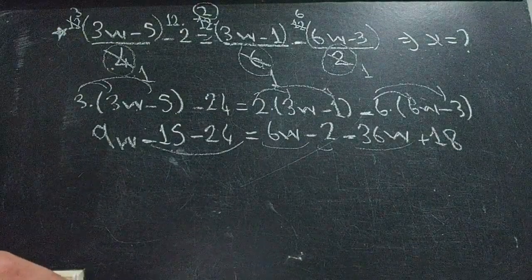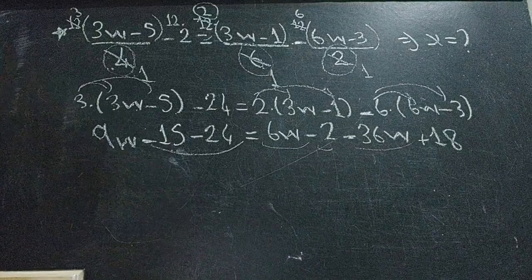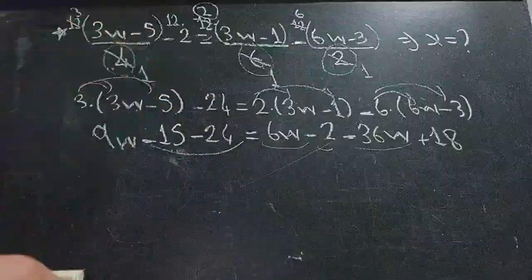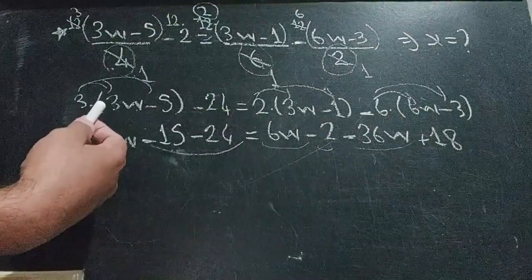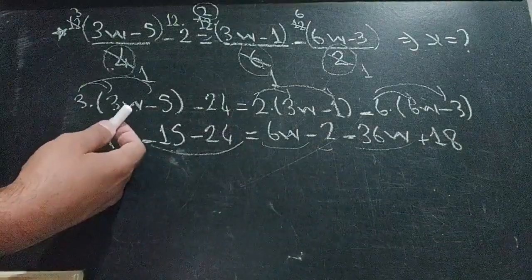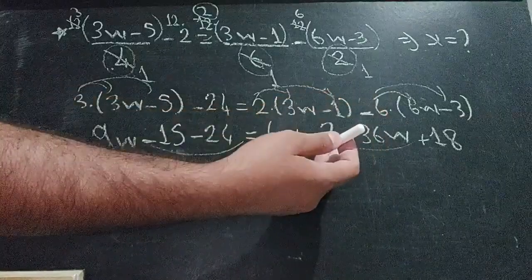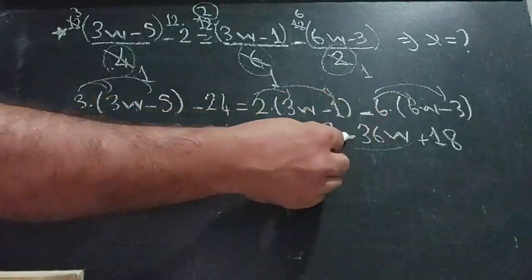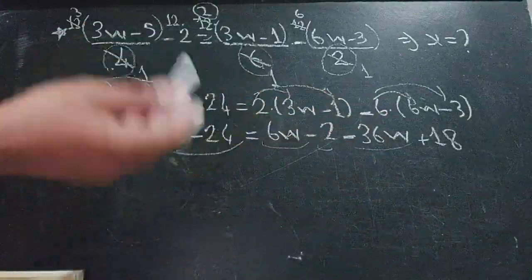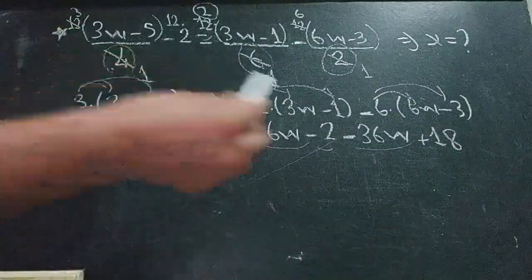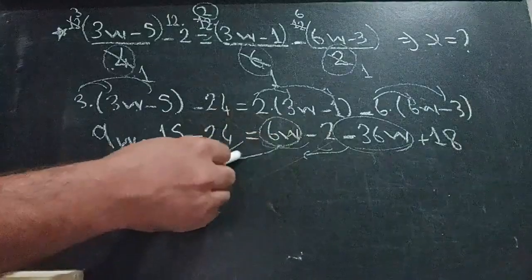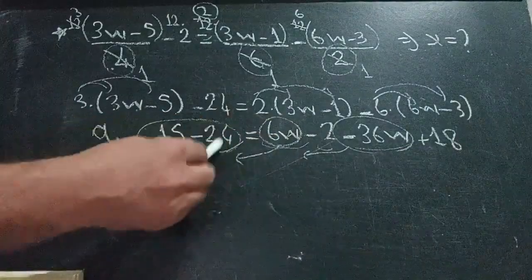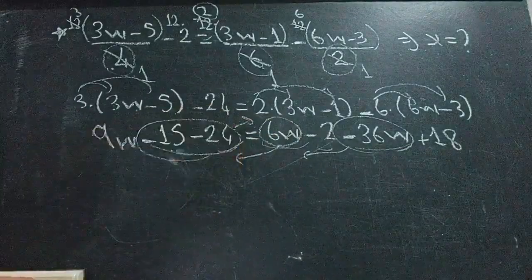But for this question I want to send, as I said, numbers to one side and letters to one side first. Let me choose this side. Why? Because if I take this 9w to this side, that will be negative, and there's negative there too, and I'm going to deal with negative sign again. I don't want to deal with negative sign. That's why I take all these letters to that side and all these numbers to that side.